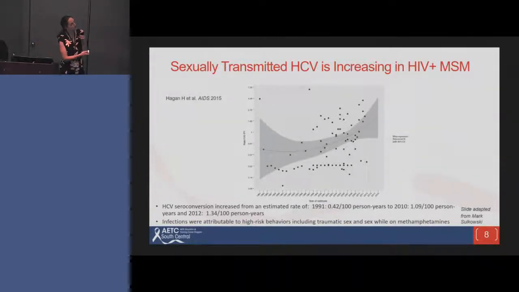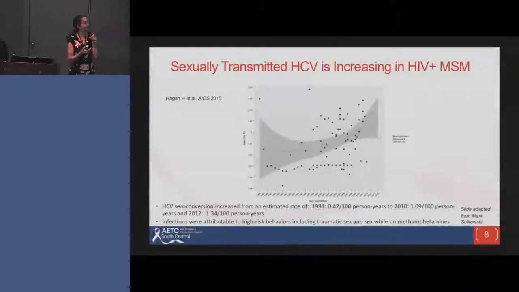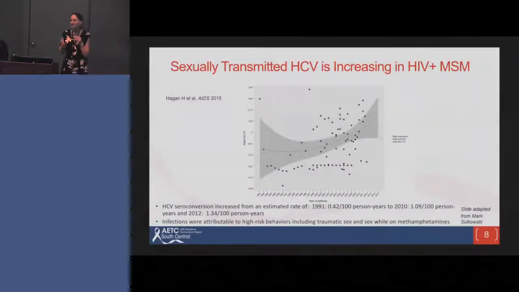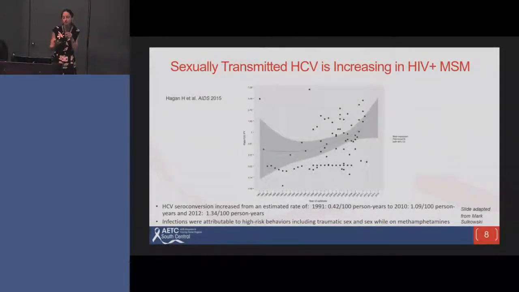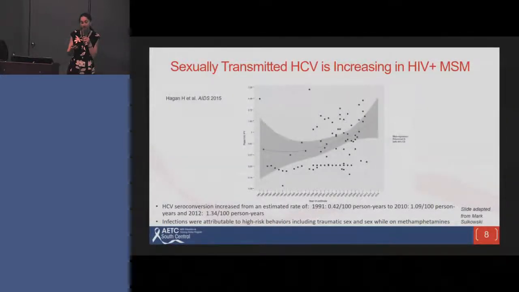Currently, it's thought that about 1.34 out of every 100 people followed per year are infected, and essentially the risk of transmission has tripled between 1991 and 2012. It's thought that this is attributed to more traumatic sex as well as methamphetamine use in bathhouses and at parties.